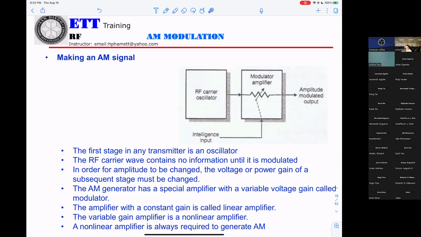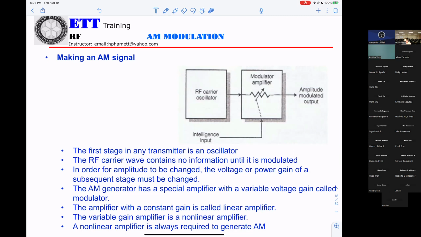Now, the first step in any transmitter is an oscillator. An RF carrier wave contains no information until it is modulated. Okay, that means basically the oscillator just gives you the frequency.